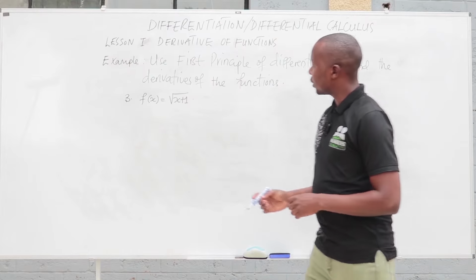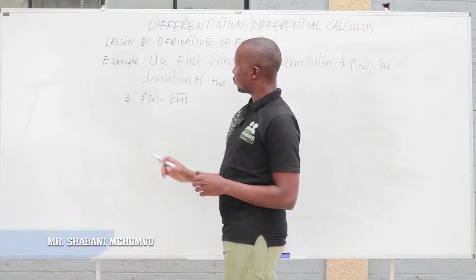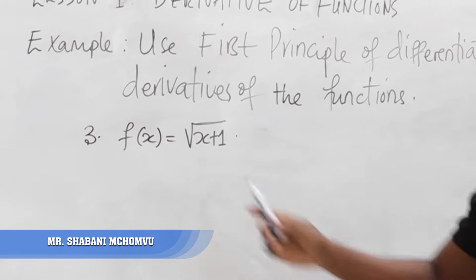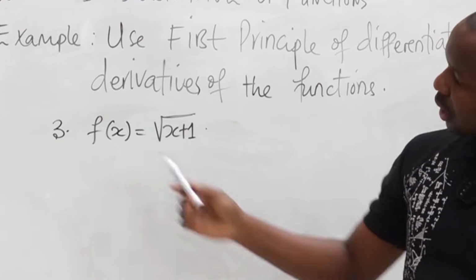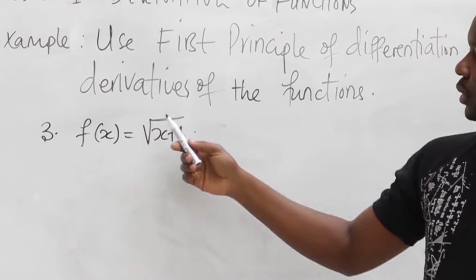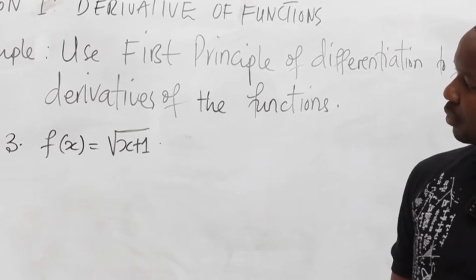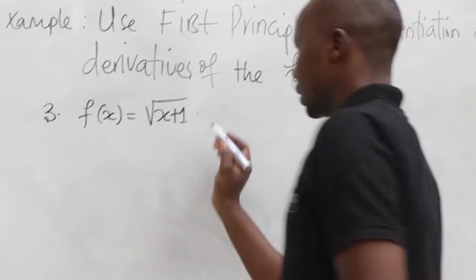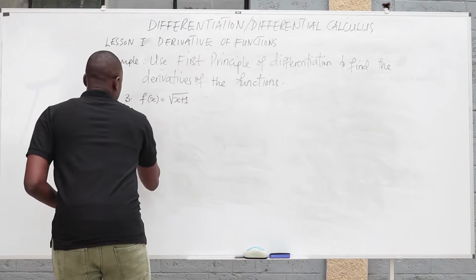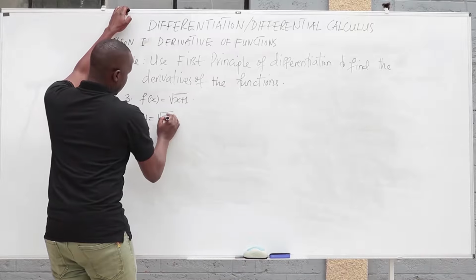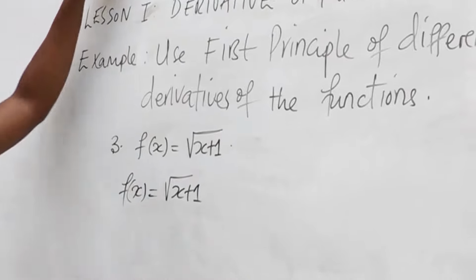So let's step to example 3, which is f of x equals the radical of x plus 1. So we're going to see the other form of equations involving exponential form or the power form or radicals. So here we have f of x already provided, that is the radical of x plus 1.